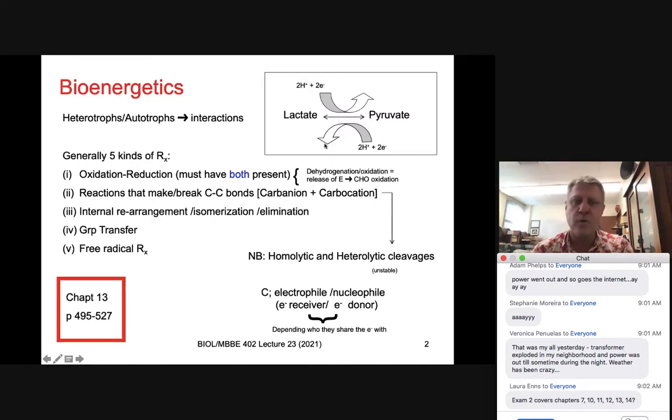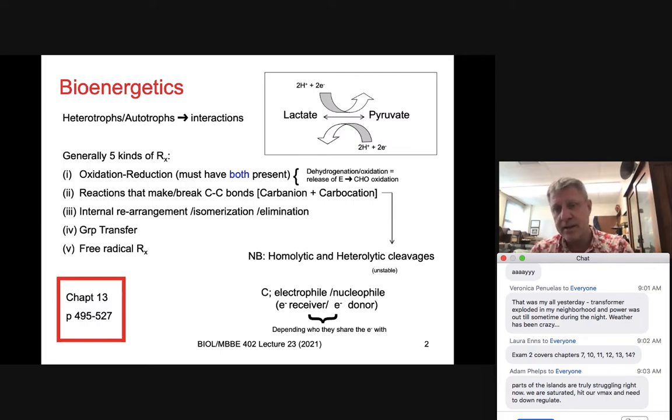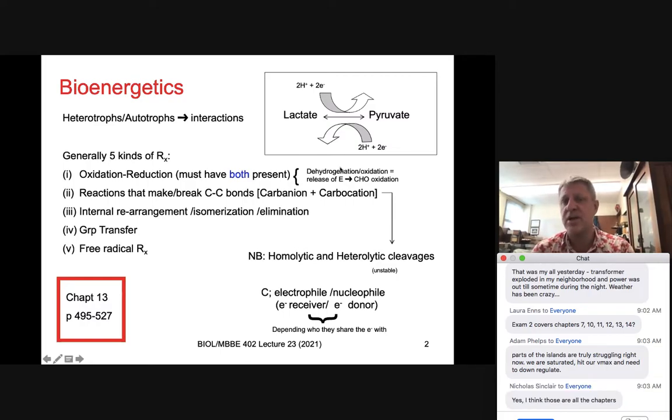So we have 4 types of chemical reactions we are going to look at, and these are the oxidation reduction reactions. And here we must have both present to do the job. So we have an example here where we have a dehydrogenation reaction combining with an oxidation reaction to cause the release of energy when we look at the oxidation of carbohydrates.